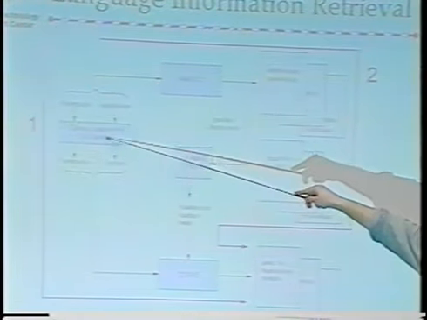But so this is our input phrase. And what most systems do is they translate that using a dictionary or translation software into a query in the foreign language. And then you index in the foreign language and retrieve documents like that. That's one way to do it.